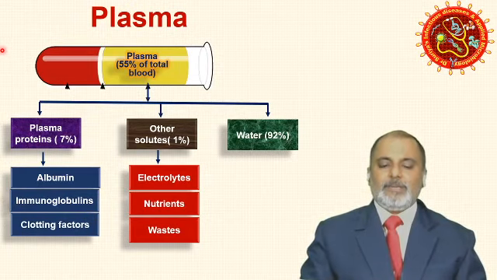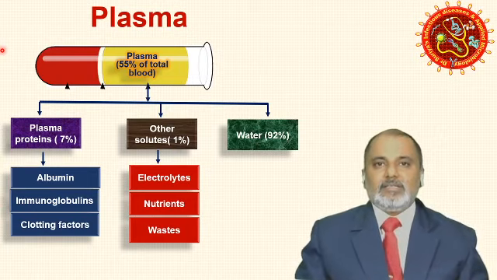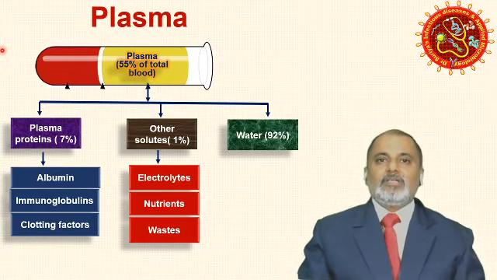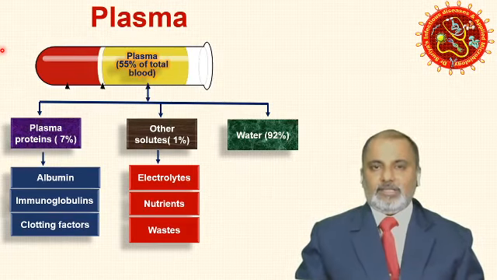What is called therapy? See the concept here. The plasma of a recovered patient has antibodies against COVID-19. So if you transfer the plasma, you are transferring the antibodies. It's a type of passive and artificial immunity. You are introducing passive artificial immunity.